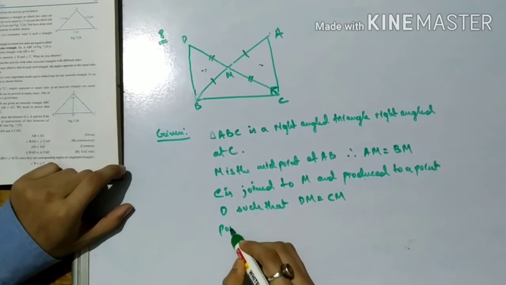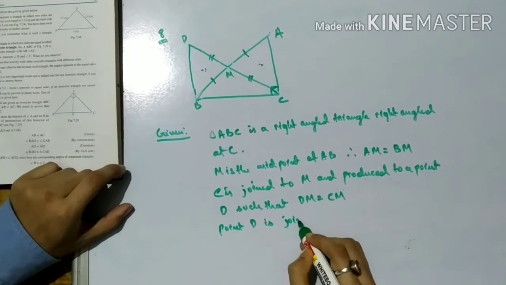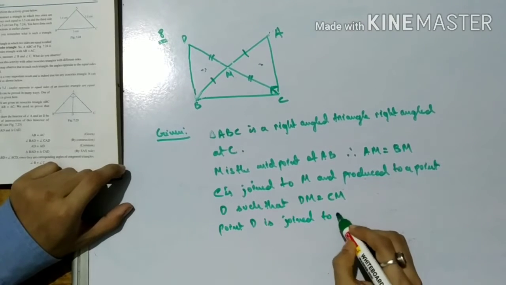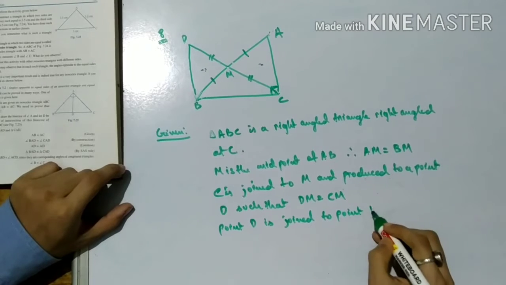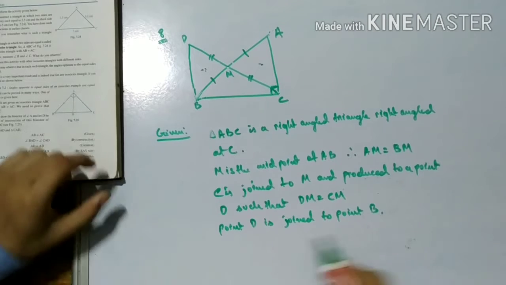And then it is given that point D is joined to point B. This much is given.